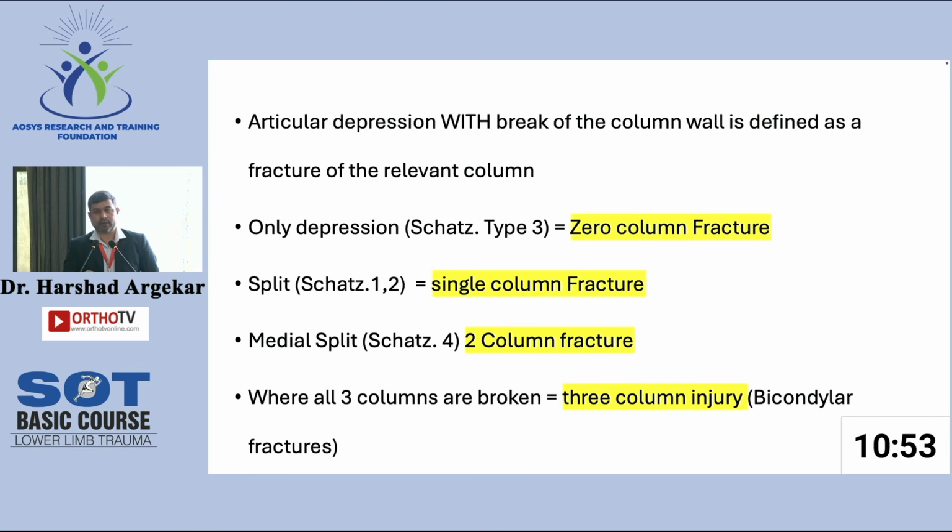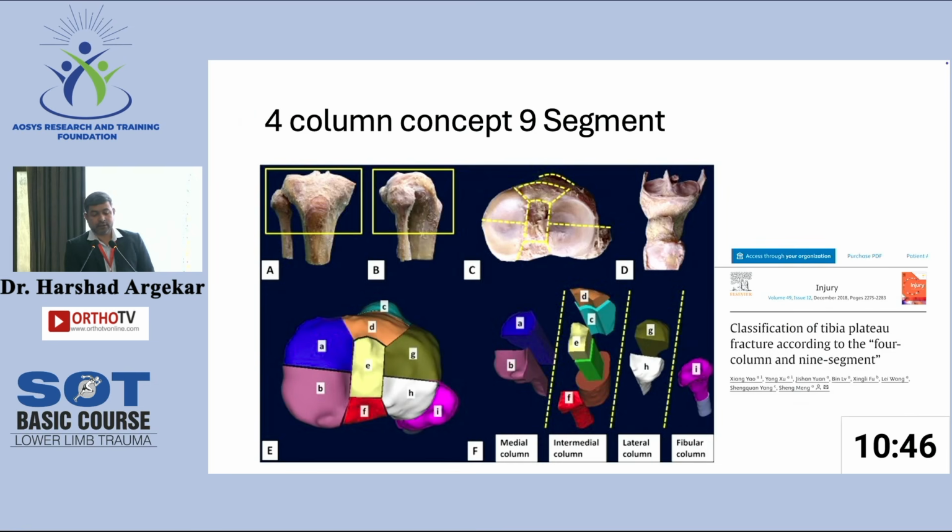When you have a combination of injuries, medial, lateral and posterior, it becomes three-column. A four-column concept with nine segments has recently come up, but it is not in vogue as much. It is published in Injury, but it has to go through its own test of time. Till now, what we are using is the three-column concept and fixation.